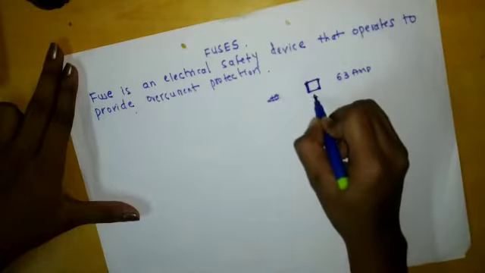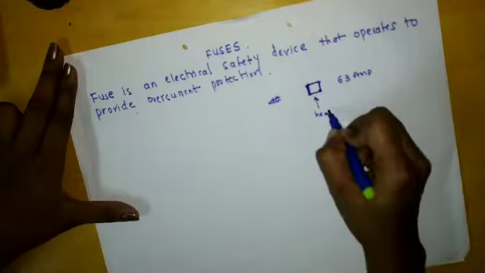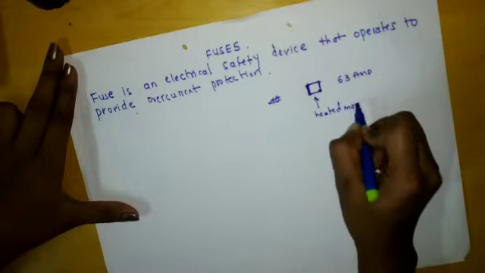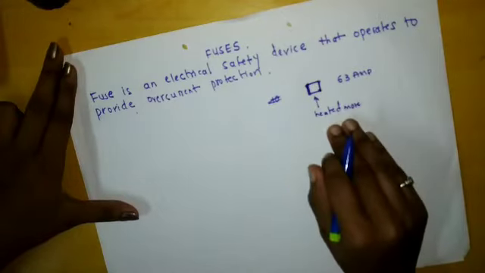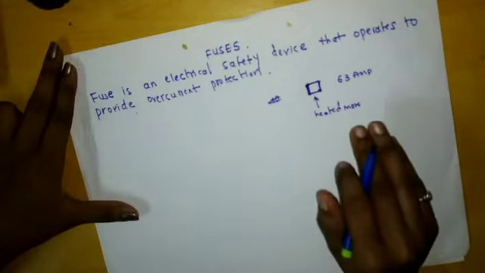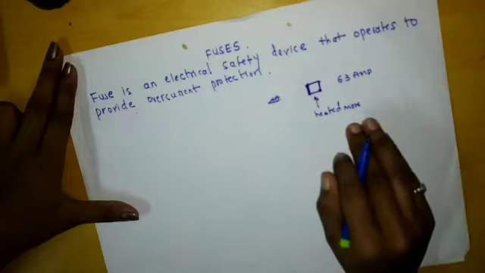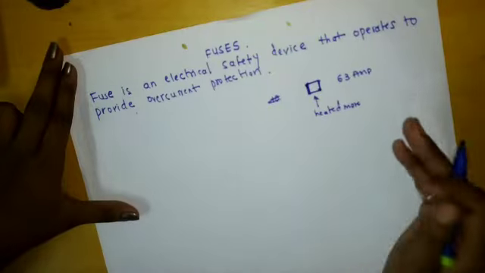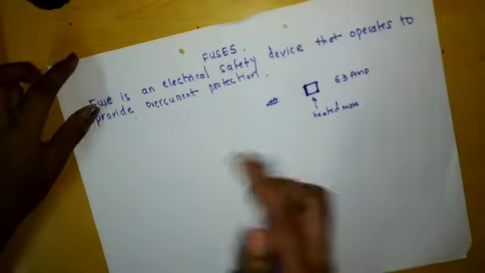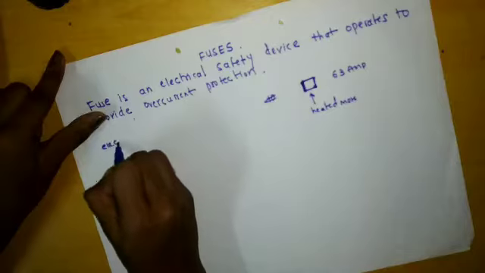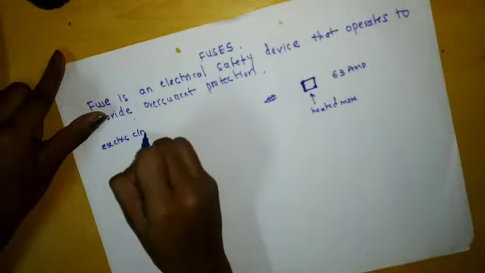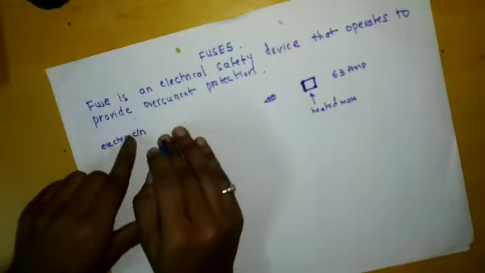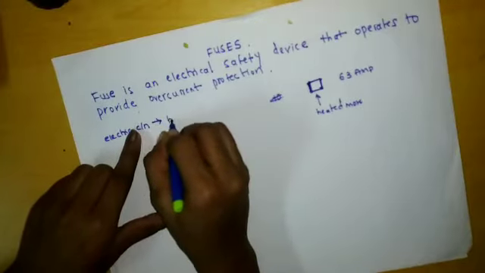Our appliance will get heated more, and due to this heating, our appliance may catch fire. Our appliance may get damaged. Okay, so whenever the electric current flows through any object, that object gets heated.